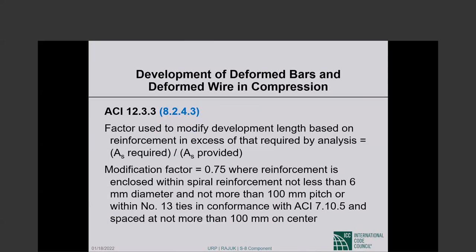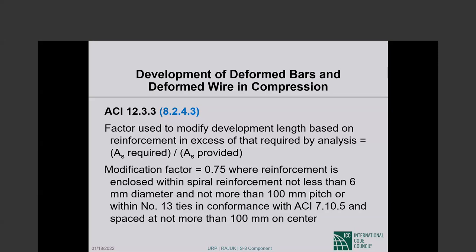So the same excess reinforcement factor, and modification factor of 0.75 where reinforcement is enclosed within spiral reinforcement, not less than 6 millimeter diameter, not more than 100 millimeter pitch. Okay, so let me read it again. You get a modification factor of 0.75.